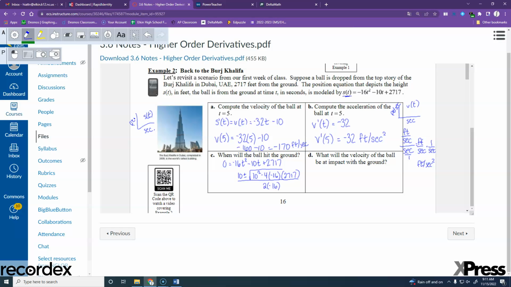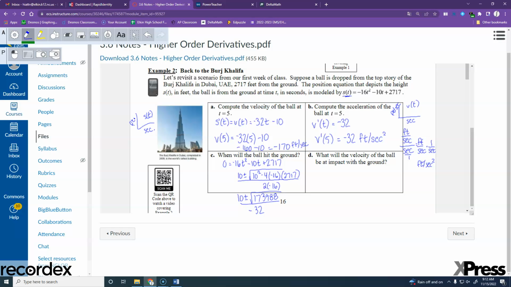and this is calculator active. So we're going to get 100 minus 4 times negative 16 times 2717. So it's 10 plus or minus the square root of 173,988 over negative 32.